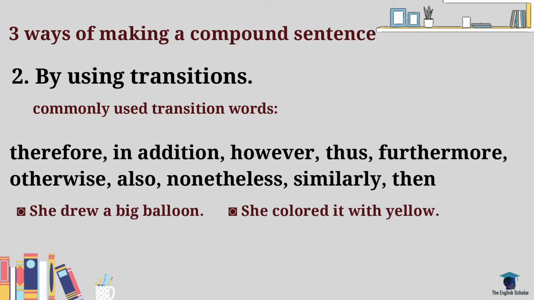She colored it with yellow. To make these sentences a compound sentence, we'll need to use a transition. How about we use the word then? Sounds good. You pause the video and take note of your answer. I hope you're done.